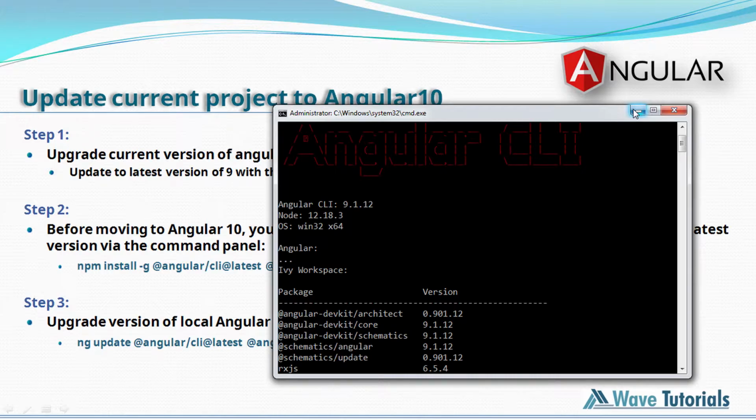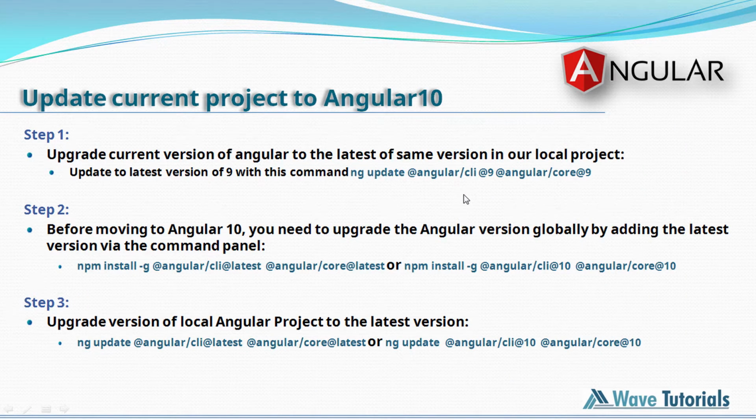The same thing we have to execute on our local machine. So in step 1, we will update our local version of the Angular project to the latest of the same version. For example, if your project is already on 9, then you have to update it to the latest of 9 before we move to version 10. For this we execute the command ng update, which will update Angular CLI and core to Angular 9.